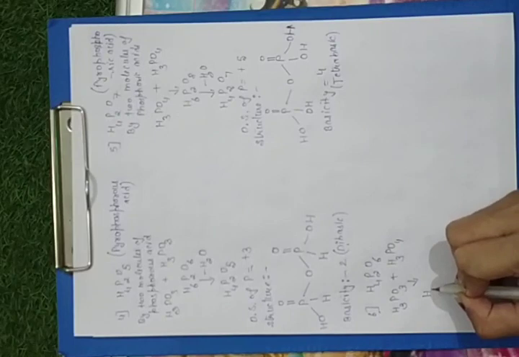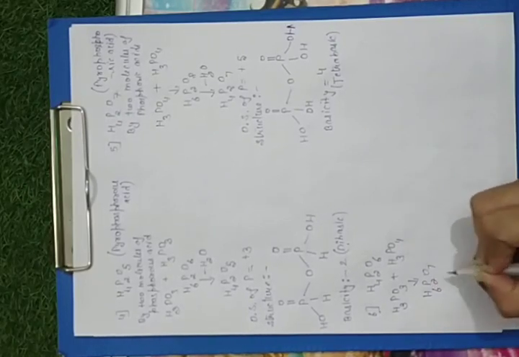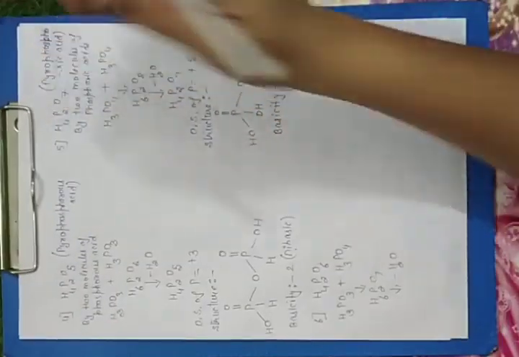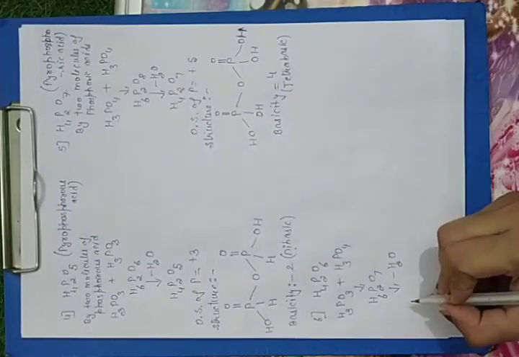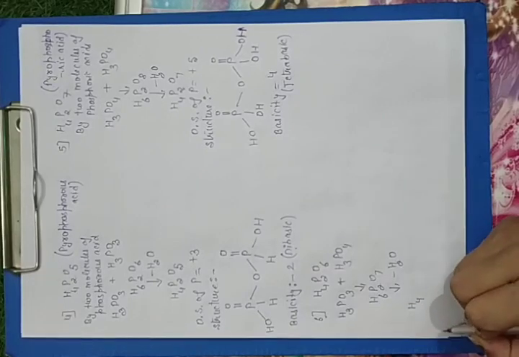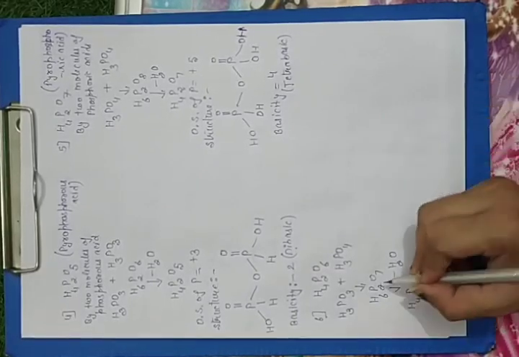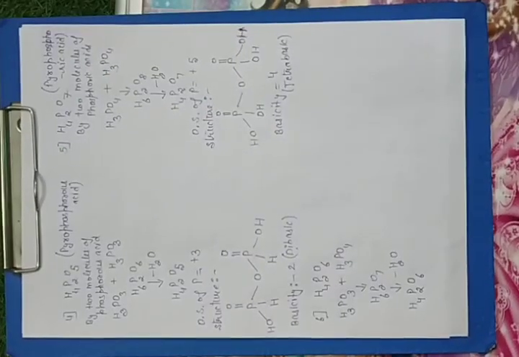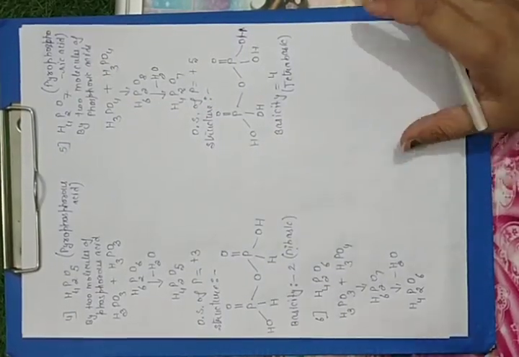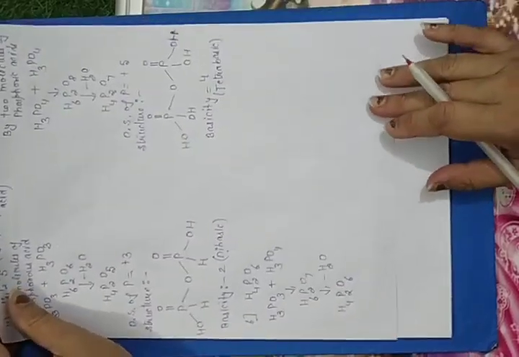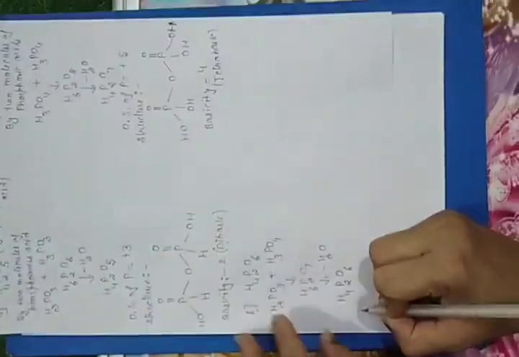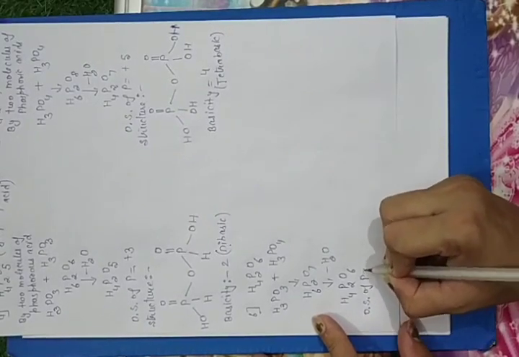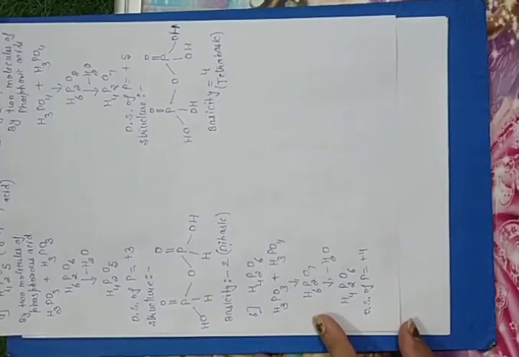Collectively it becomes H6P2O7. Now same, remove one water molecule. What we have now is 4 atoms of hydrogen, 2 atoms of phosphorus and 6 atoms of oxygen. Here if you calculate the oxidation state of phosphorus, then it becomes +4.